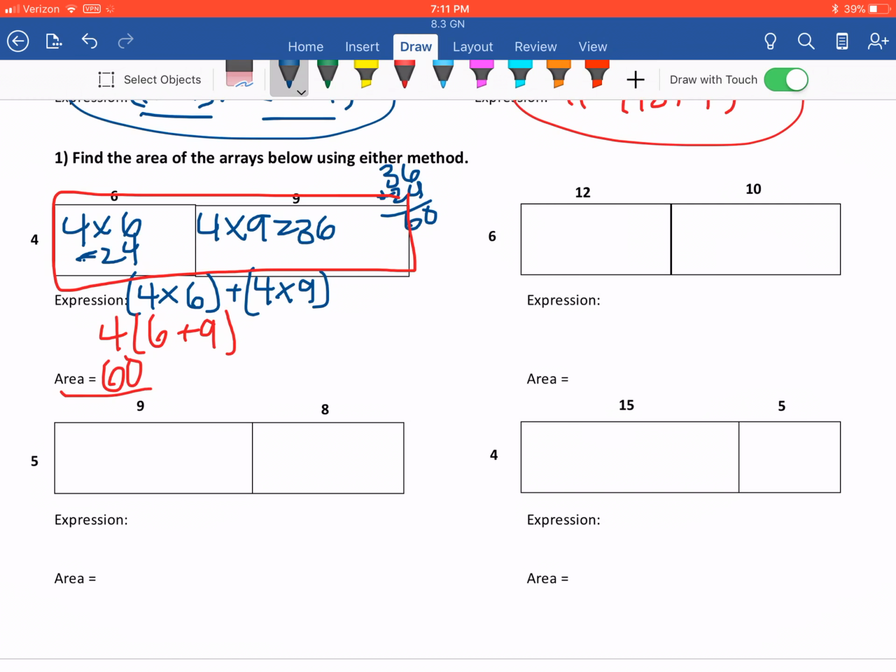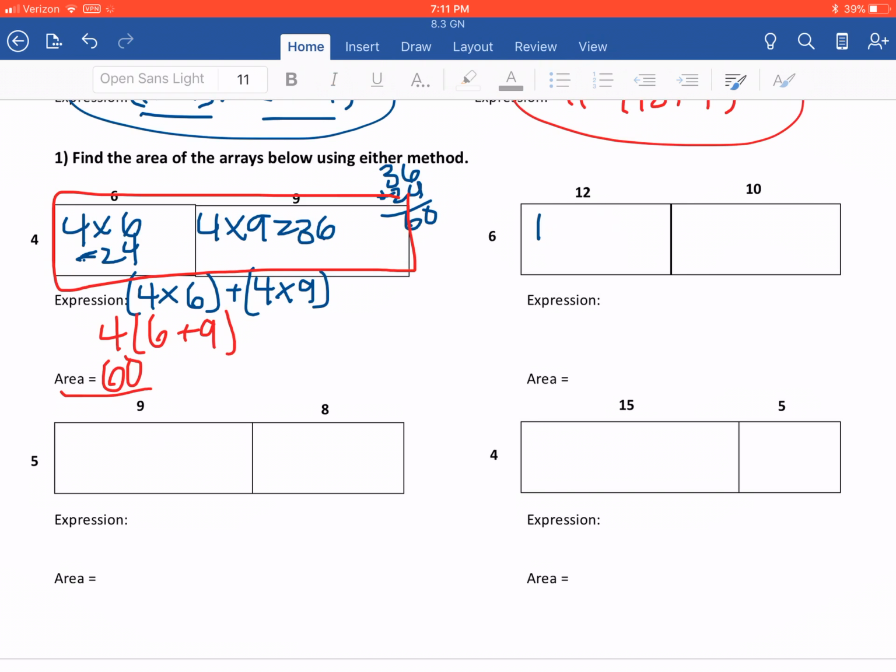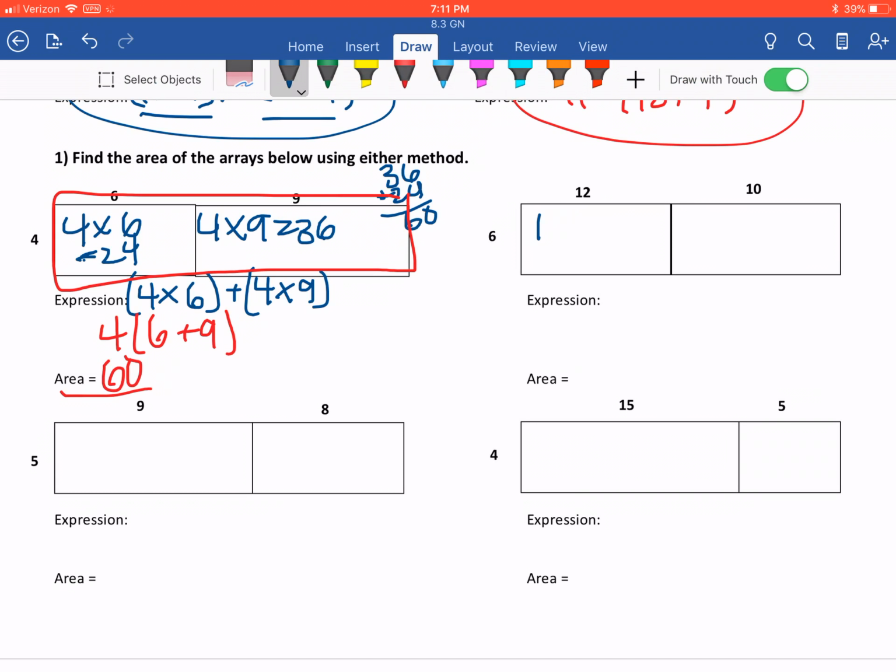On the next one, if I had broken it into 2 pieces, 12 times 6, oh my goodness, that is so sloppy. 12 times 6 equals 72. And here, 6 times 10 equals 60. So my expression would have been 6 times 12 plus 6 times 10.